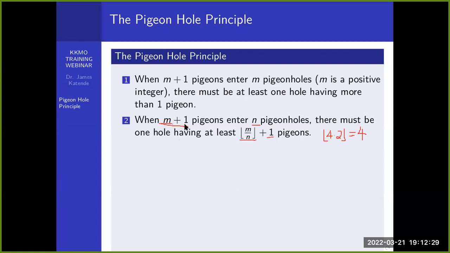So if we have these two numbers, the number of pigeons and the number of pigeonholes, and we place the pigeons in the pigeonholes, you will end up with at least one hole having at least this number of pigeons.